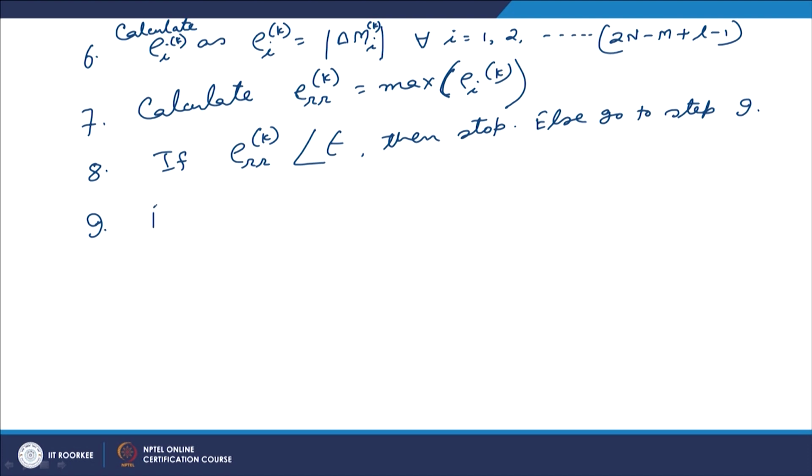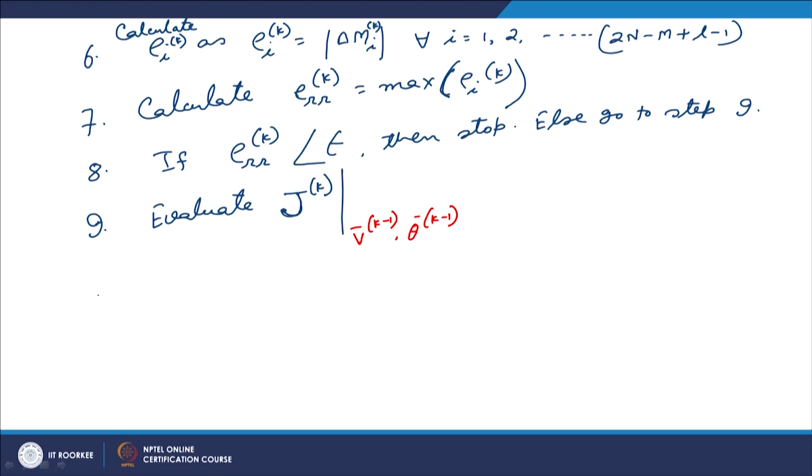We simply evaluate the Jacobian matrix at the kth iteration, evaluate J k using V vector k minus 1 and theta vector k minus 1, which are available from the last iteration.